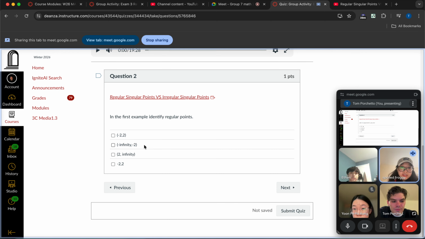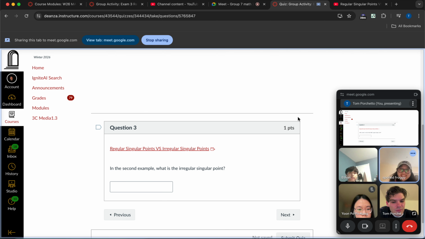The second question is asking, in the first example, to identify regular points, and at x equal to... the points are negative 2 and 2. The second one, yeah, basically you got the answer.